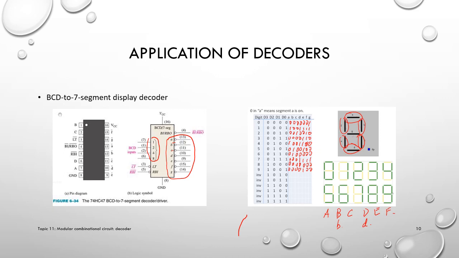For A, it looks like that. So only D will be off, so we have A, B, C, E, F, G on. For B, it's a small b. It will look like that. So A and B are off.